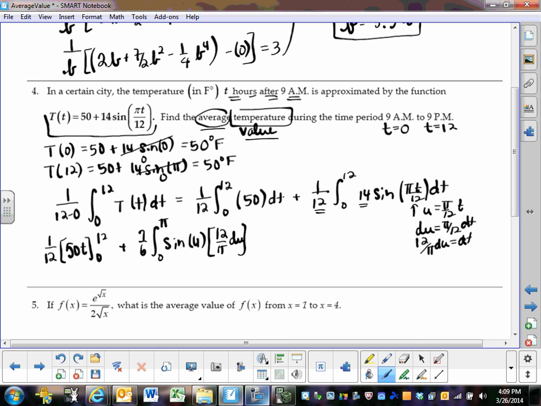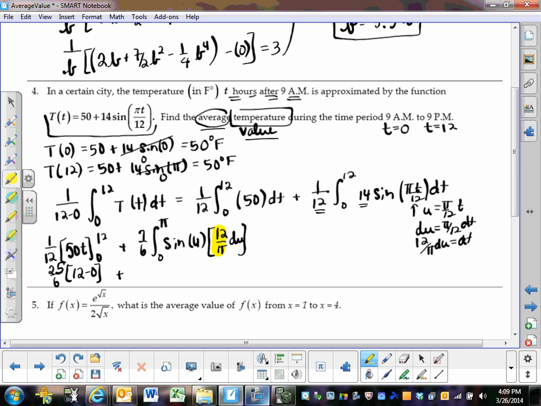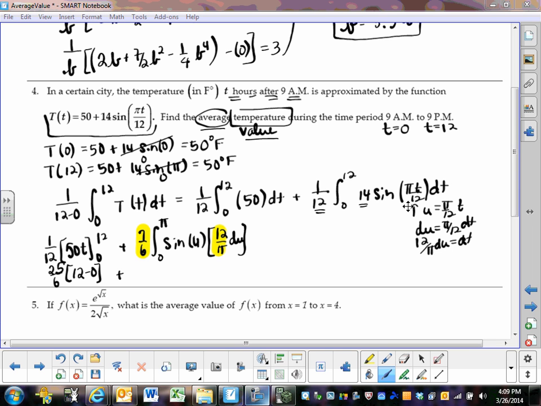So that means that I have 50 over 12, or 25 over 6, times 12 minus 0, plus the 12 over pi I'm going to put with the coefficient, so that I would end up with 14 over pi.